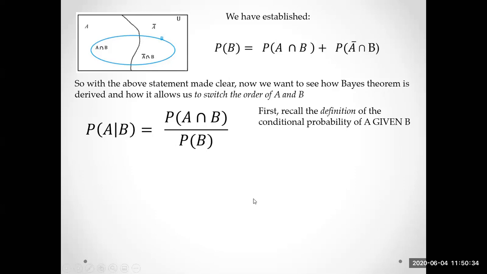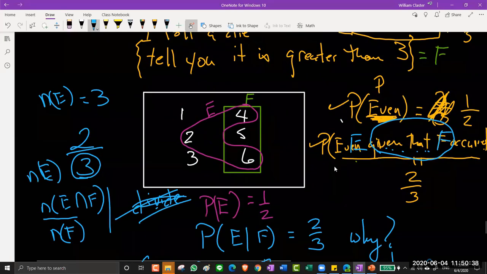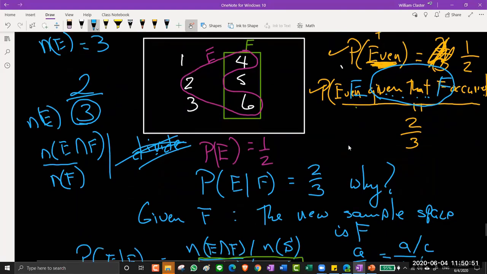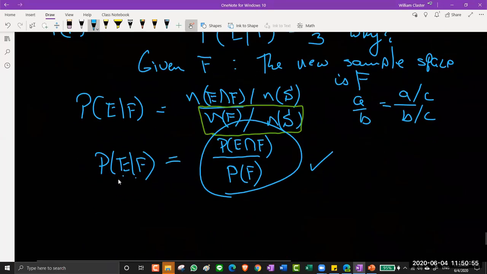If you recall back here, I introduced that idea. Remember we had this E and F, and we said given that F occurred, what's the probability of E? And we came up with the definition after we did a little of this. Does everyone remember this?